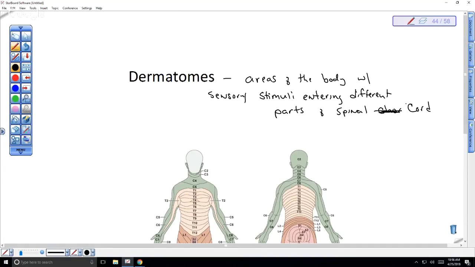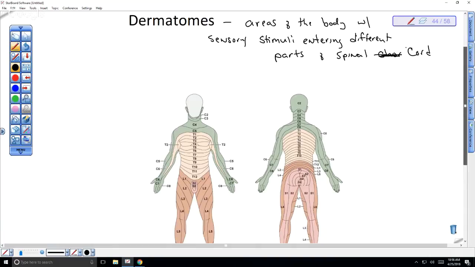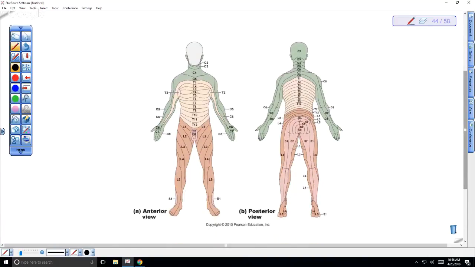Okay, so this can be very useful to doctors. If you have damage or a pinched spinal nerve, say in the neck region, so let's say that I am feeling pain and maybe numbness right here on the thumb side of my arm, right?